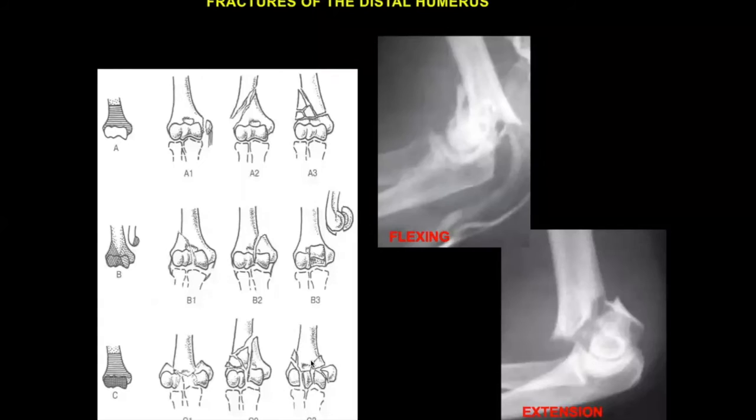These types of fracture are very severe, and the chance of joint stiffness is also very high. Without operation, it will lead to ankylosis. It's a condition when you have no function. Contracture is a severe decrease of range of motion.